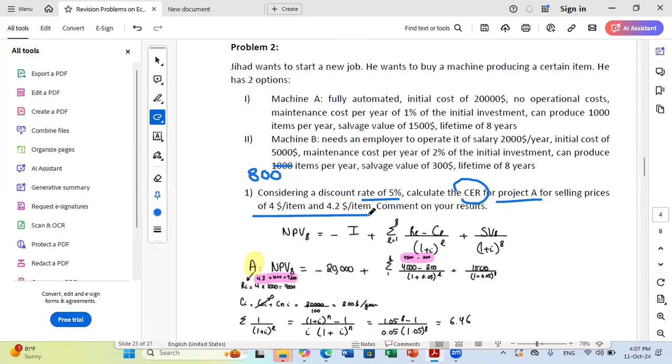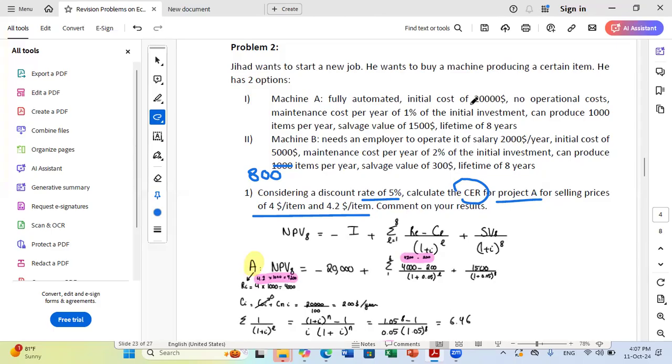We can also try to change the discount rate to see what type of investors can be tackled with this project, etc. So, in general, when we do the economic or financial analysis, we don't consider one possible case. We consider variable discount rates, variable selling prices, and we can also try other alternatives, for example, here machine A.